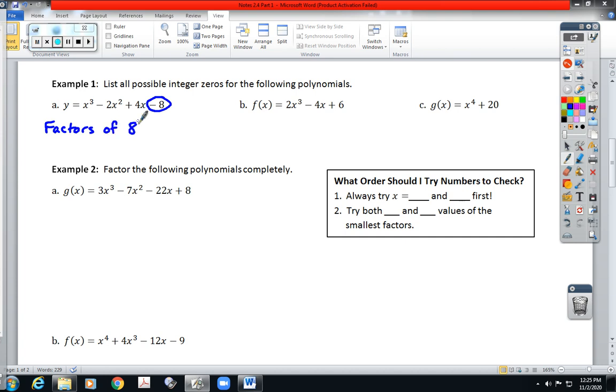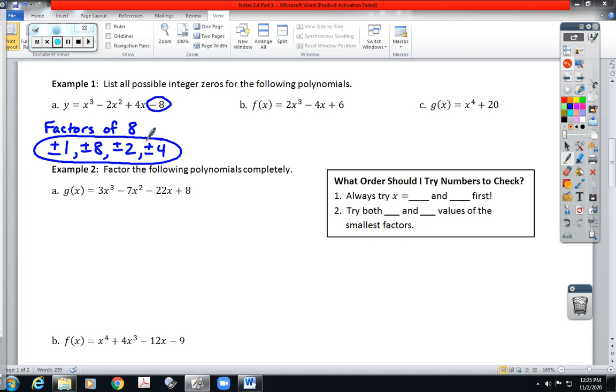So what are the factors of 8? Okay, 1 and 8. So plus or minus 1 would both be factors. Plus or minus 8 would both be factors. What's the other factor pair of 8? 2 and 4. So plus or minus 2, plus or minus 4. Our integer zero rule says those are the 8 possible integer zeros of f of x.